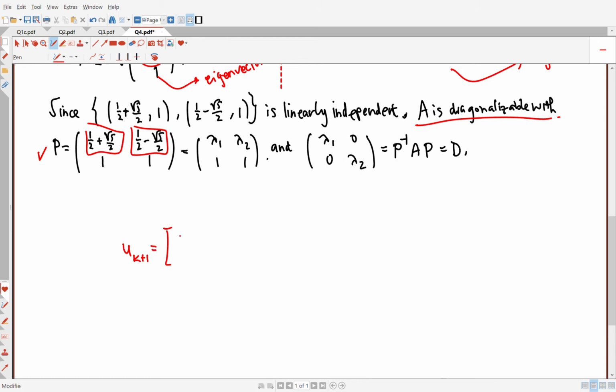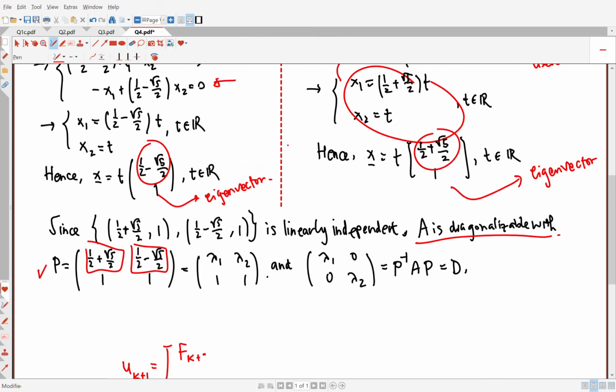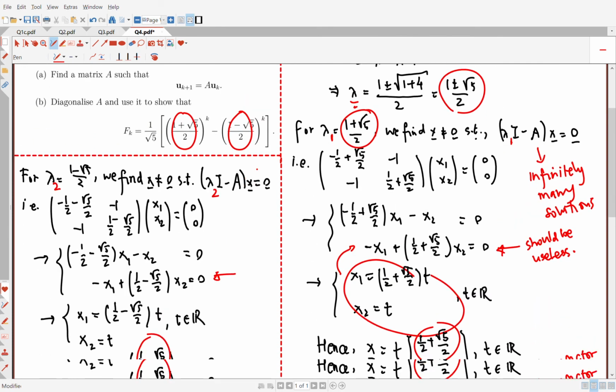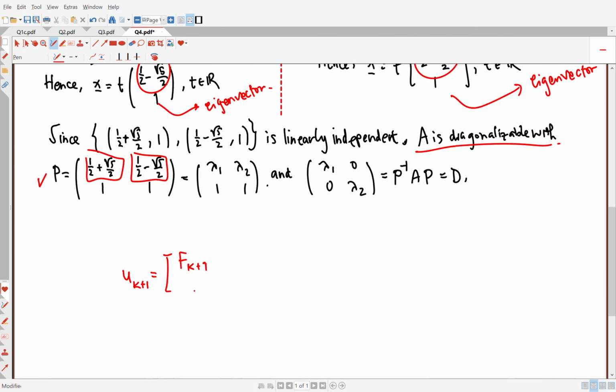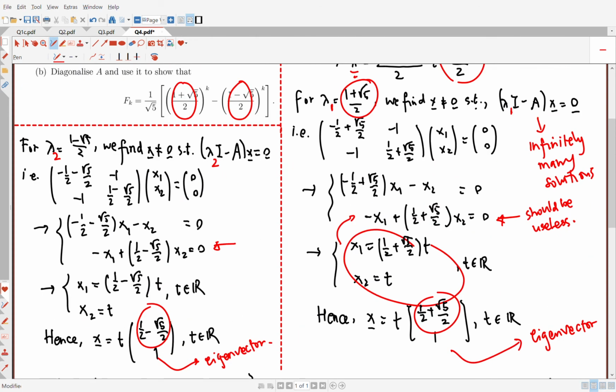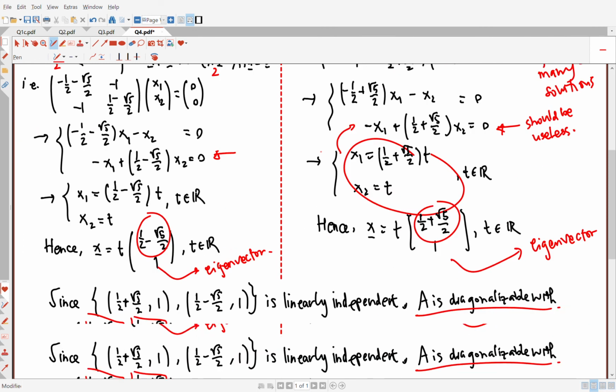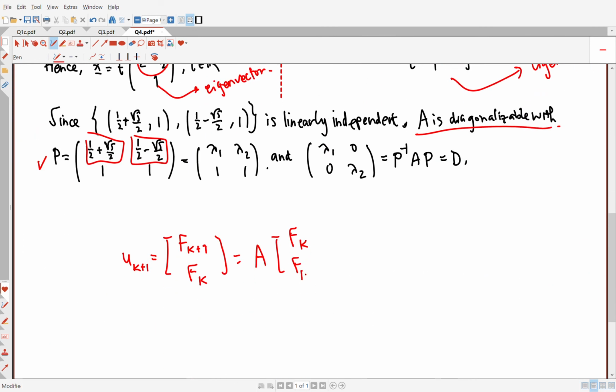My U_k plus 1 is actually (Fk plus 1, Fk), right? And I can express this in terms of A times (Fk, Fk minus 1), right?